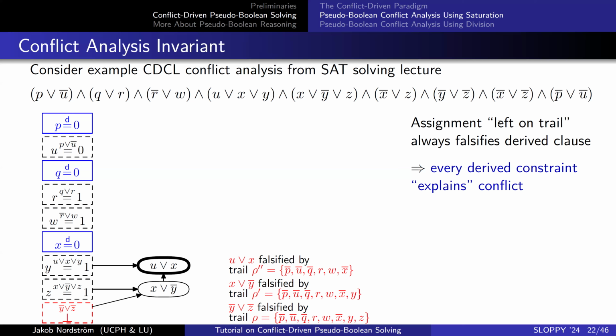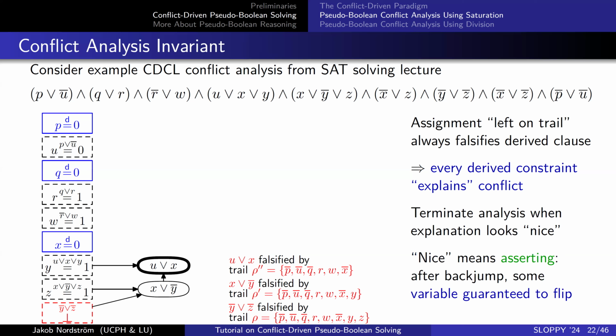Because that means that at any point I can just stop, and I know that I'm not going to make that assignment again, since that would violate the constraint I had derived. I'm belaboring this point a little bit, but that's because it's important. And I terminate when the explanation looks nice.